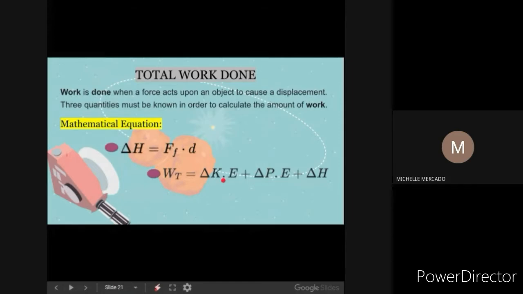It depends on the given that is present in the problem. So kasi diba yung kinetic energy natin, it consists of two formulas, as well as the potential energy. So ang pinakamadali is the heat energy because you're going to multiply lang the given force to the given distance.